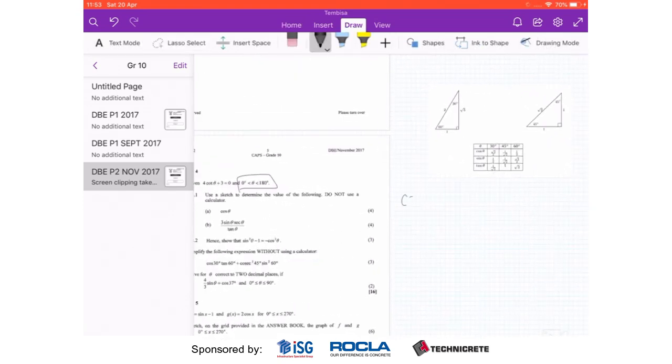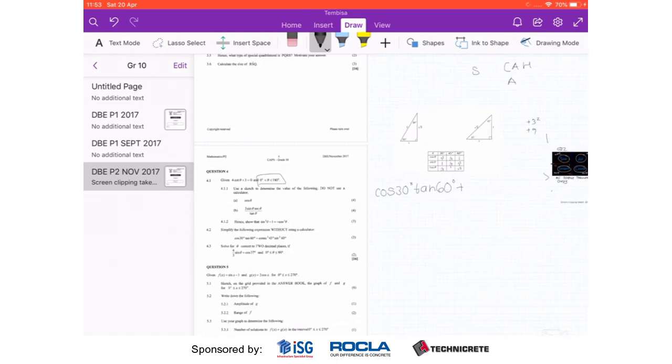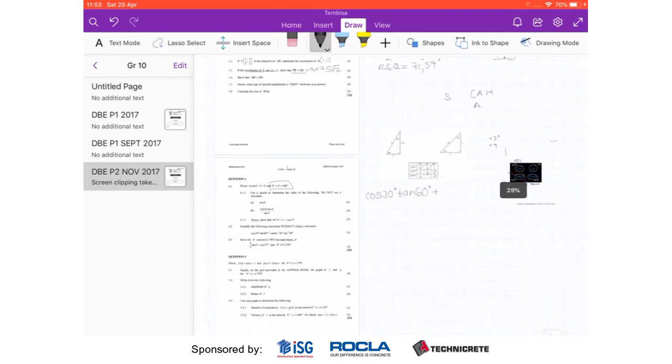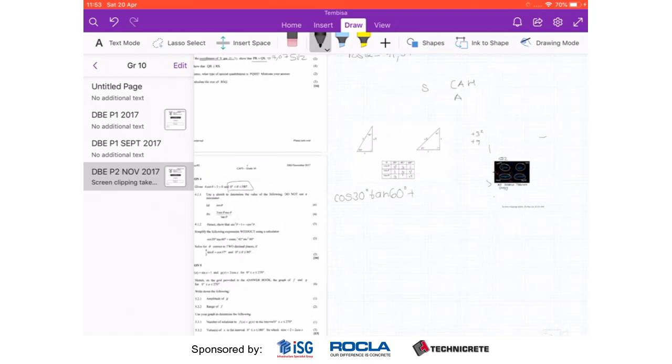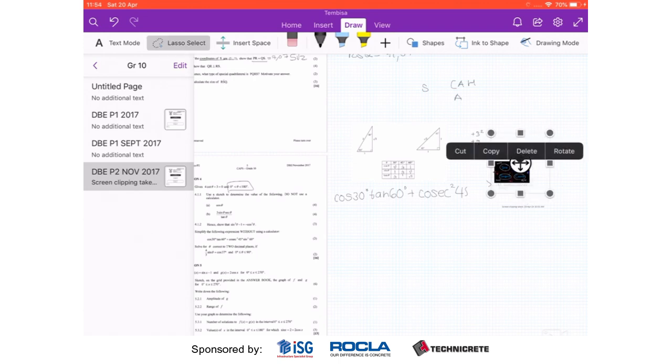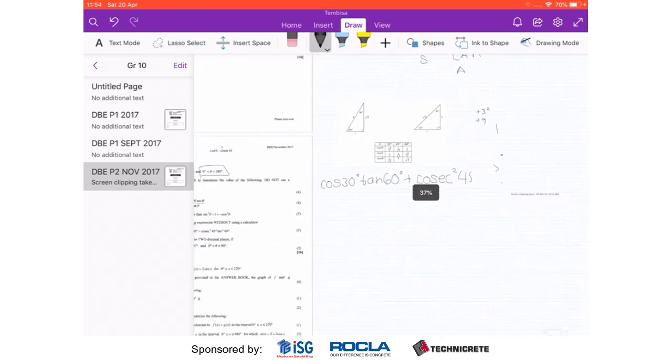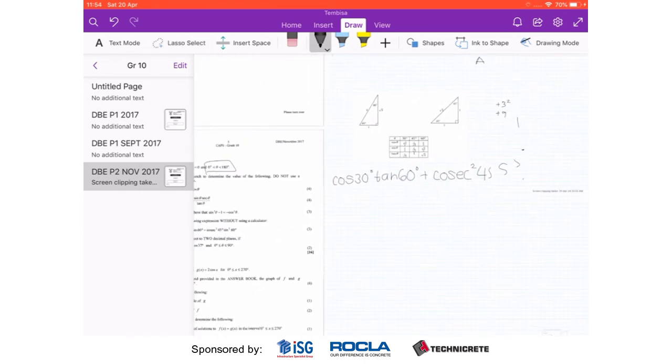So cos 30 tan 60 plus cosec squared 45, I want to remove this, and the last part is sine squared 60.